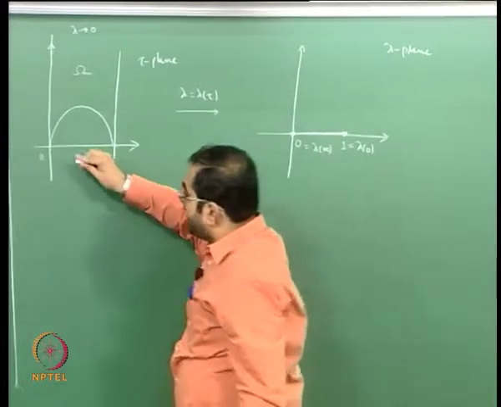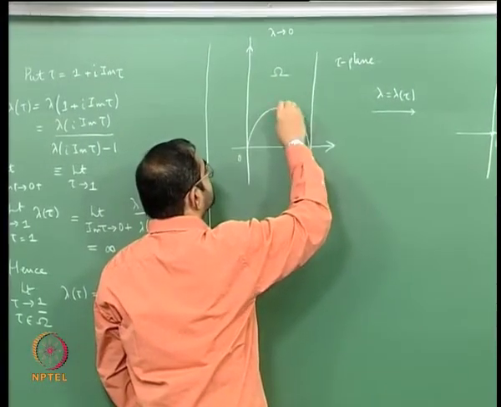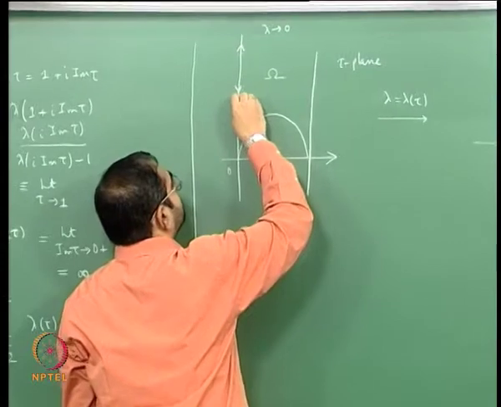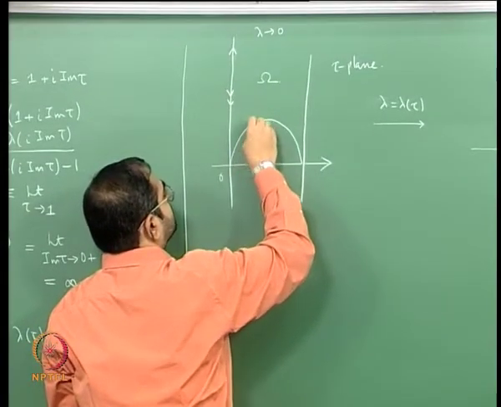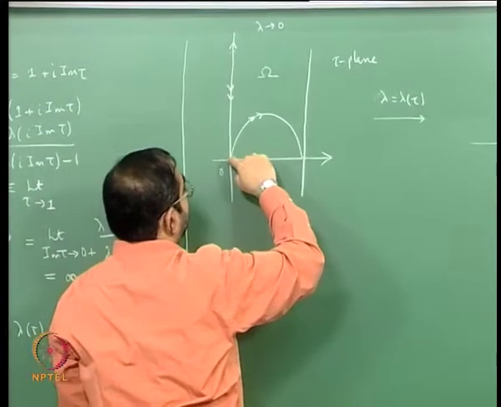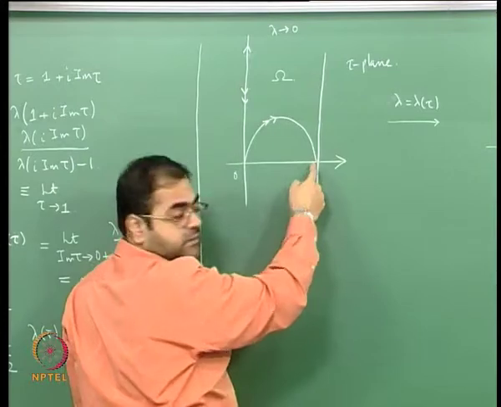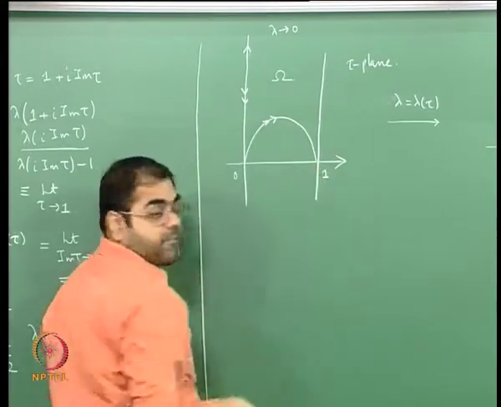From here, if I continue moving along this circle, let me draw an orientation. If I continue along the semicircular arc and come to this point which is 1, lambda of 1 goes to infinity.